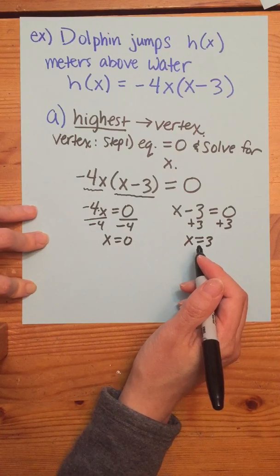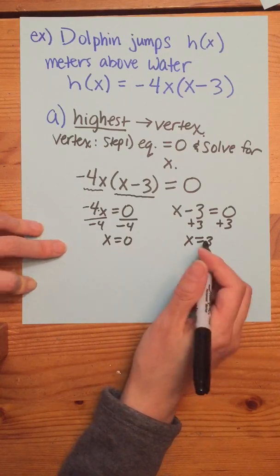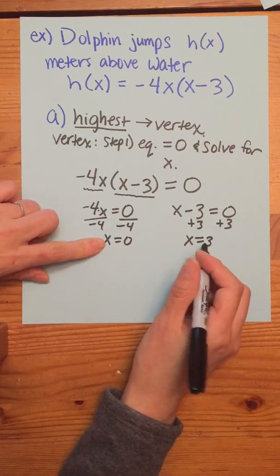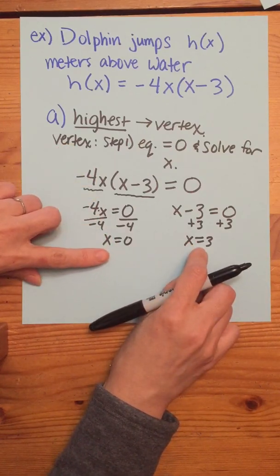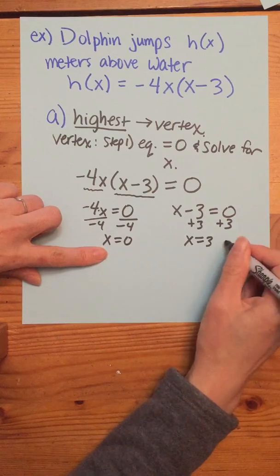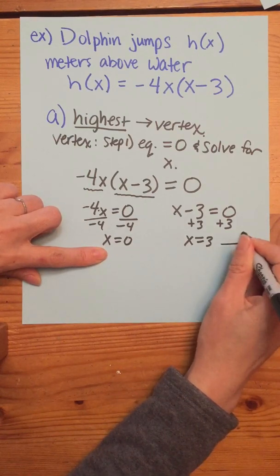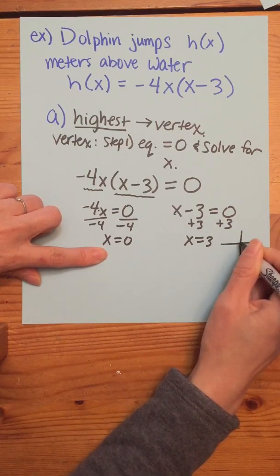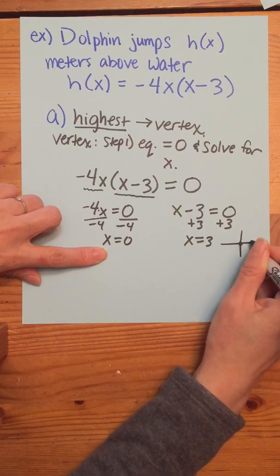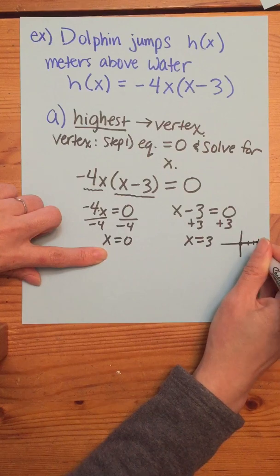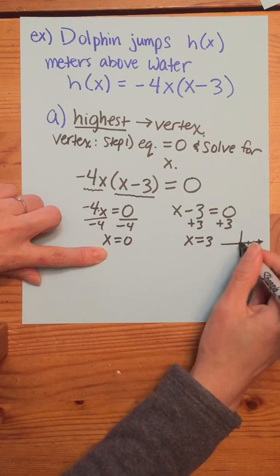The reason this is helpful is that if I were to look at a graph, these are my x-intercepts, because this is when the entire equation equals 0. At x equals 0, y equals 0, and at x equals 3, y equals 0.